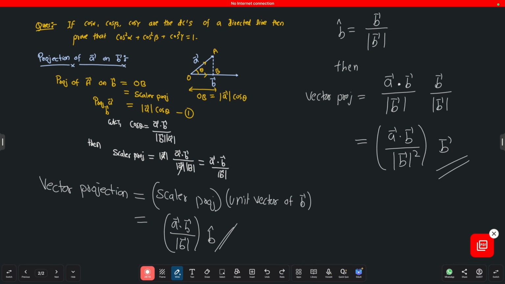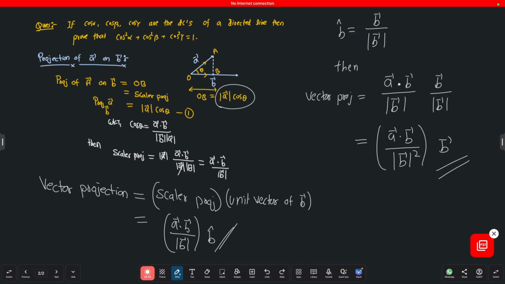Why? Because the basic formula of scalar projection is mod A cos theta. Mod A is the length, and cos theta may be negative, positive, or zero. If theta is an obtuse angle, more than 90 degrees, then cos theta is always negative.